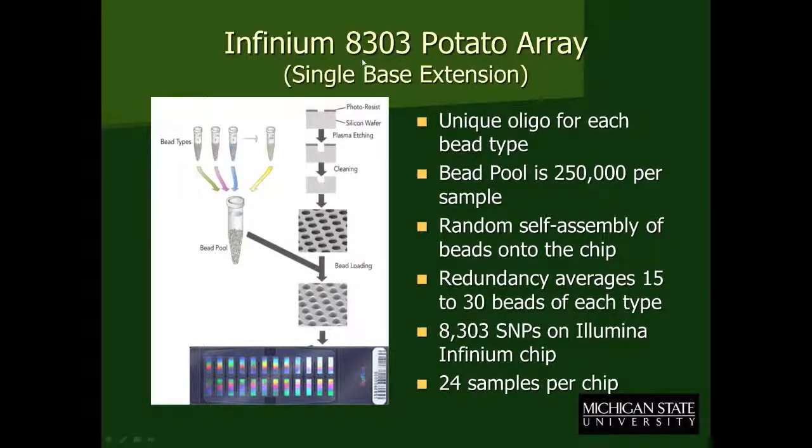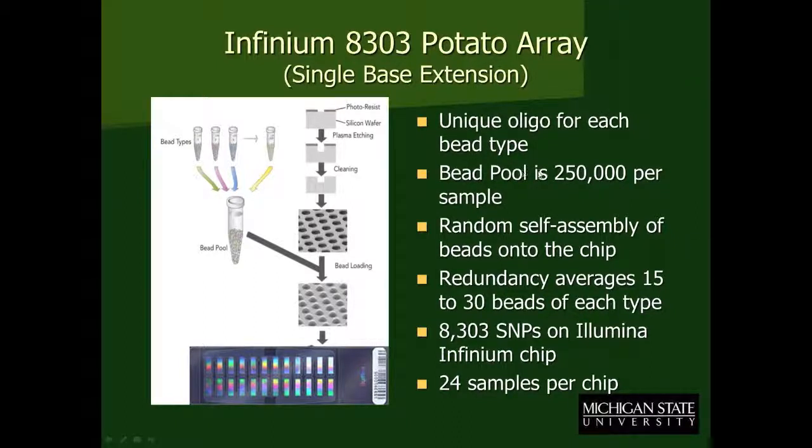The Illumina Infinium system is based upon single base extension, and so just to walk you through the platform design of our potato array, what you have is a large number of beads, and on each of these beads is an oligo specific to the SNP that we're trying to identify.